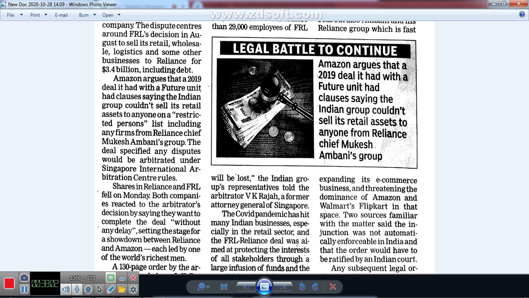Both companies reacted to the arbitrator's decision by saying they want to complete the deal without any delay, setting the stage for a showdown between Reliance and Amazon, each led by one of the world's richest men.